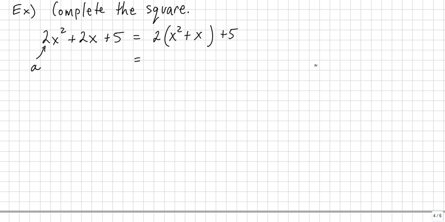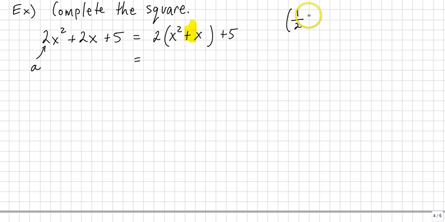And then I want this number right here. I know you're saying, well, wait a minute, there's no number there. But yes, there is. It's plus 1. Don't forget, it's x squared plus 1x. So there is a number there. So I'm going to take that number, which was positive 1.